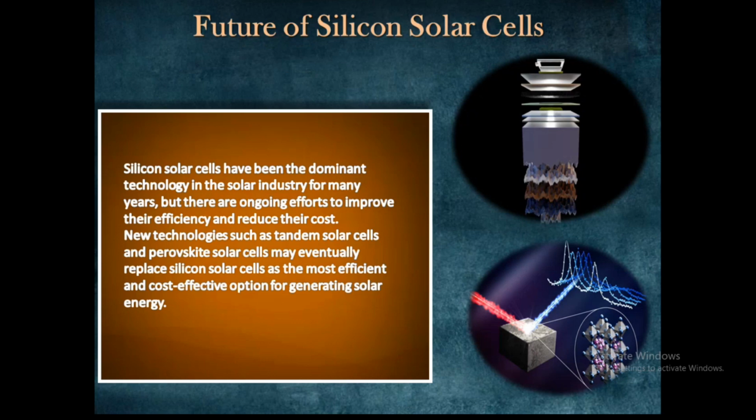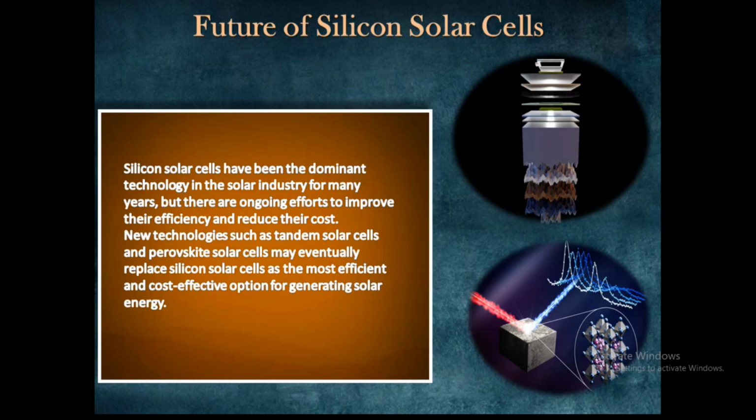Thin film silicon has lower cost and lower efficiency, and the technology is ongoing to improve their efficiency at the same rate. Then there are new technologies emerging in solar cells.